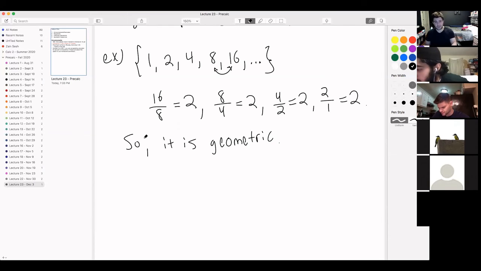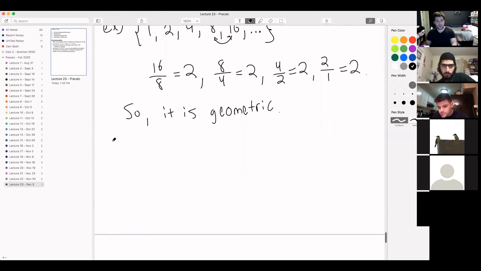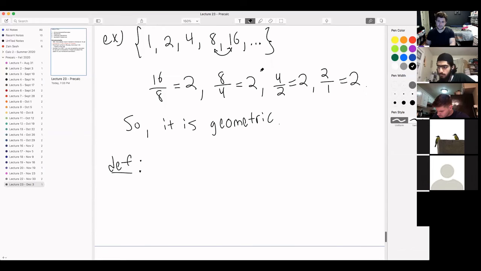Okay, the reason why it's geometric is because I got this number 2 when I divided any term by its previous term. Okay, good. Definition. So again, we do have a piece of terminology for this number 2.